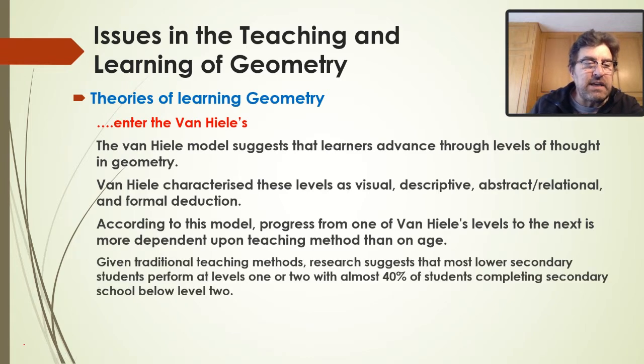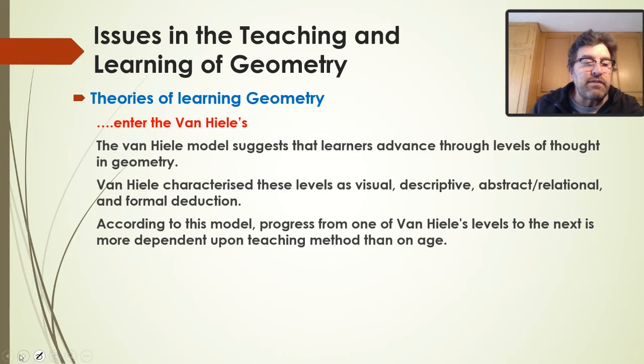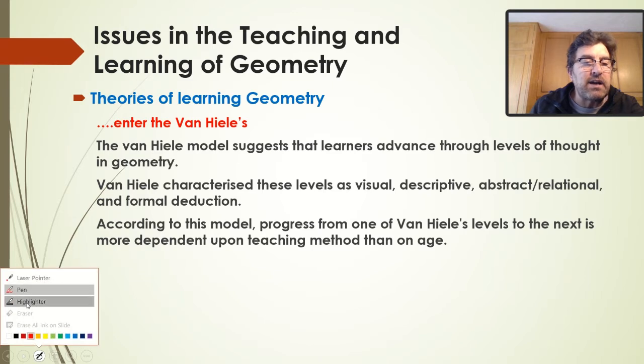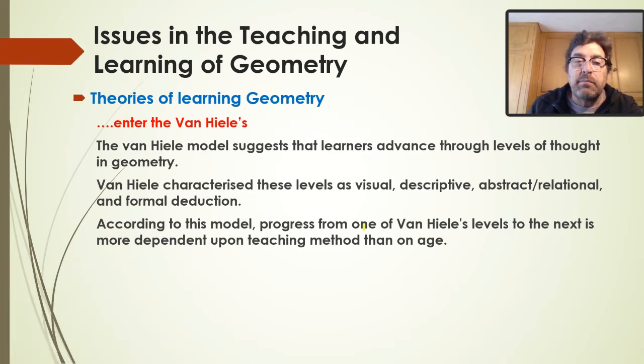Now this is key. This is where the difference happens. Let me just get my highlighter and let's highlight that. Progress from one level to the next is more dependent upon the teaching method than the age or the experience of the learner.